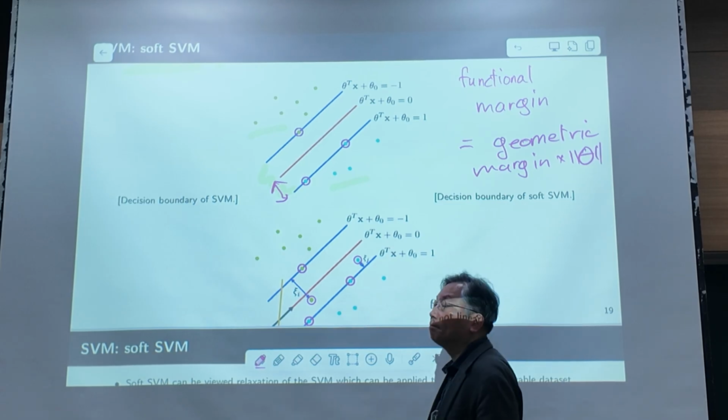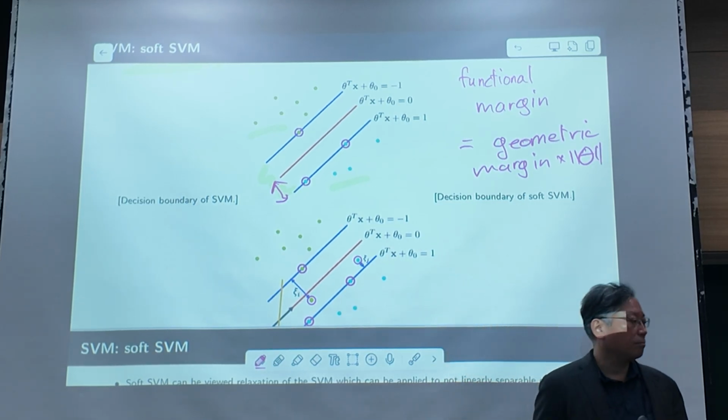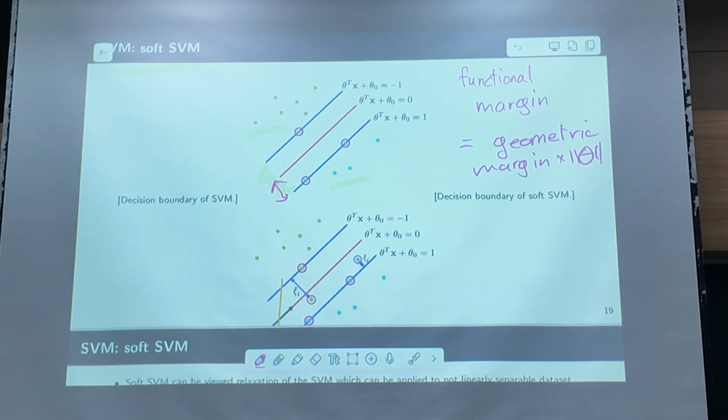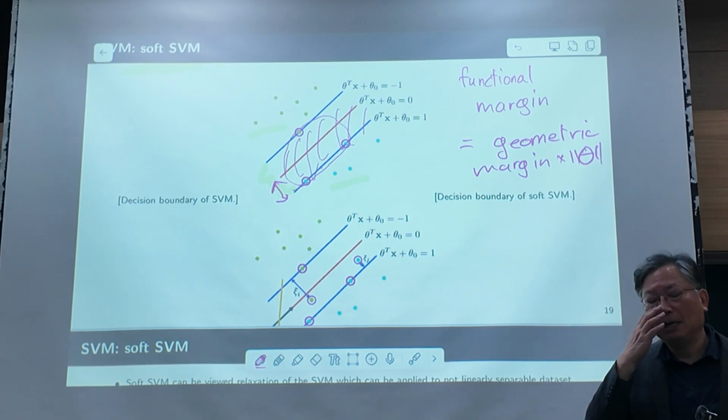And my hard SVM had no data within this region right here. Data was not allowed. Okay, and that's how we obtained our solution.